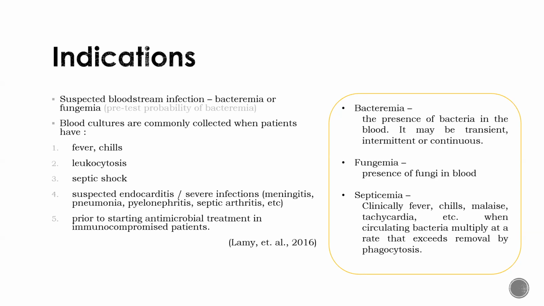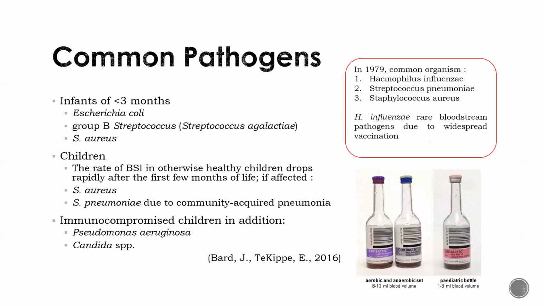Okay. Next. So the common pathogens that can be found in bacterial bloodstream infection, for infants less than 3 months, would be Escherichia coli, Group B Streptococcus or Streptococcus agalactiae, or Staphylococcus aureus.